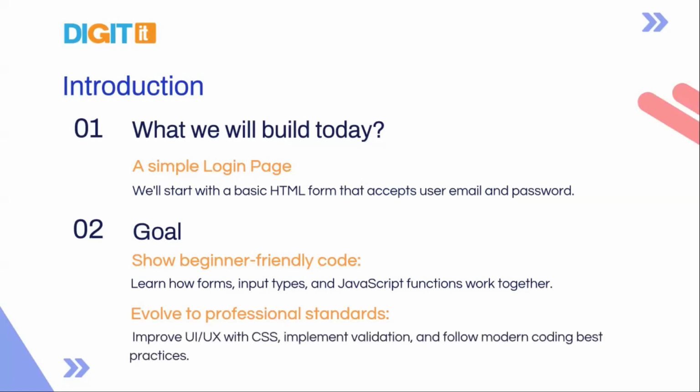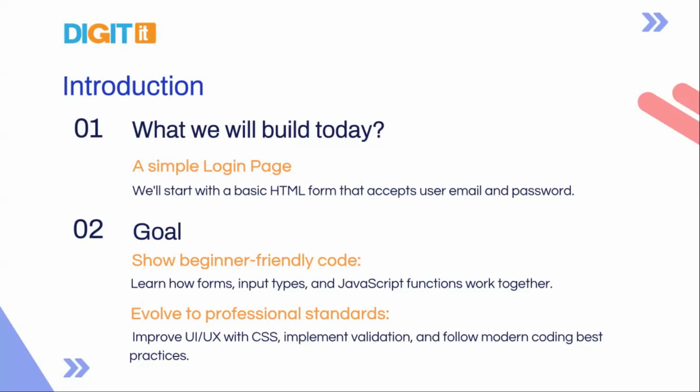All these things can be accepted with the HTML form. Here we are going to understand how beginner-friendly code will be and how professional standards code will be. The goal is to make you understand the differences between how the beginner is going to write the code and how the professional standards will be in the pro coding.